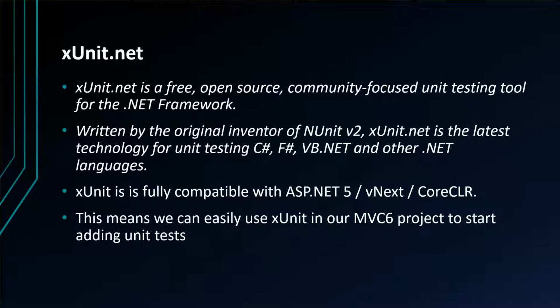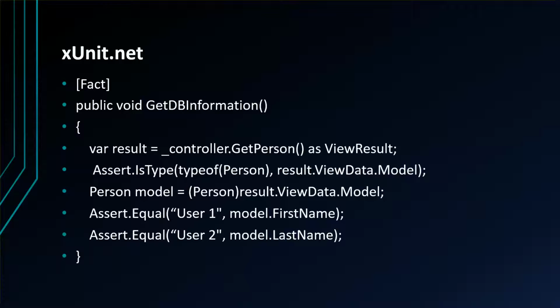So xUnit is fully compatible with ASP.NET 5 MVC 6 projects targeting Core CLR. That means we can easily use xUnit for our MVC 6 projects to start adding unit test cases. The unit test cases are very similar: using the Fact attribute, we can write test cases to test our model and controller.